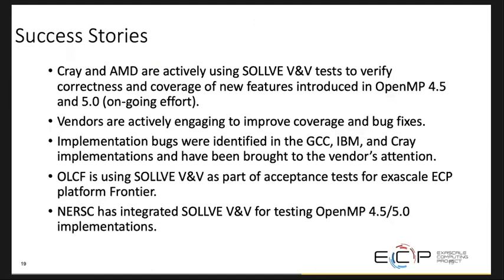So we have vendors like Cray and AMD. They are using the VNV to verify the correctness and coverage for the new features that they are adding for the Frontier platform.